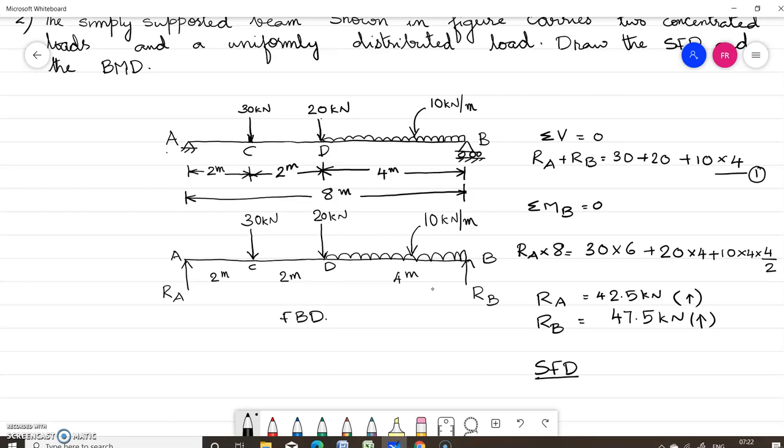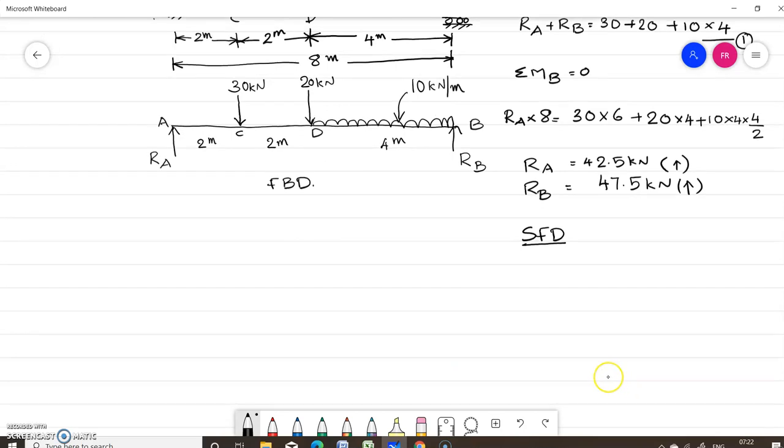In order to draw the shear force diagram, let us take a section line XX at a distance x from the left support.